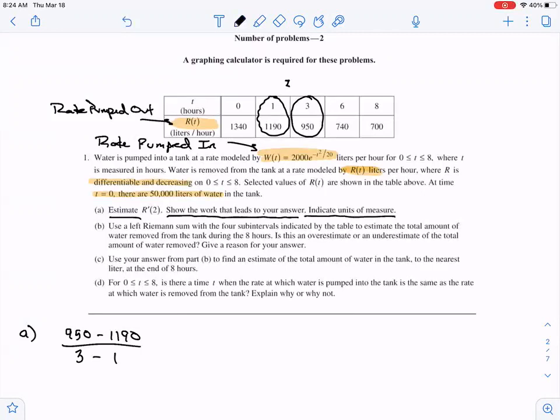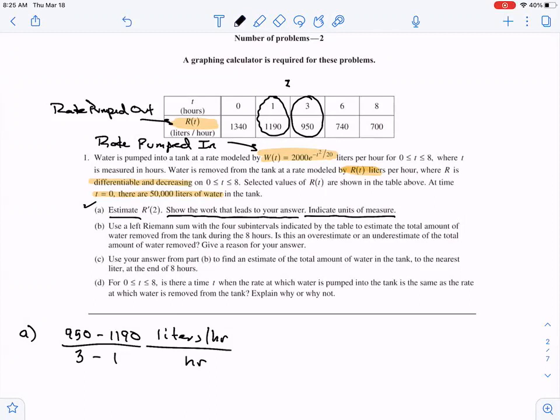Now all I have to do is indicate units of measure. So the units for my numerator are liters per hour, and then my units for time are hours. So I can leave it just like that. Liters per hour, or liters per hour squared. Okay? Bada boom, off to the races.